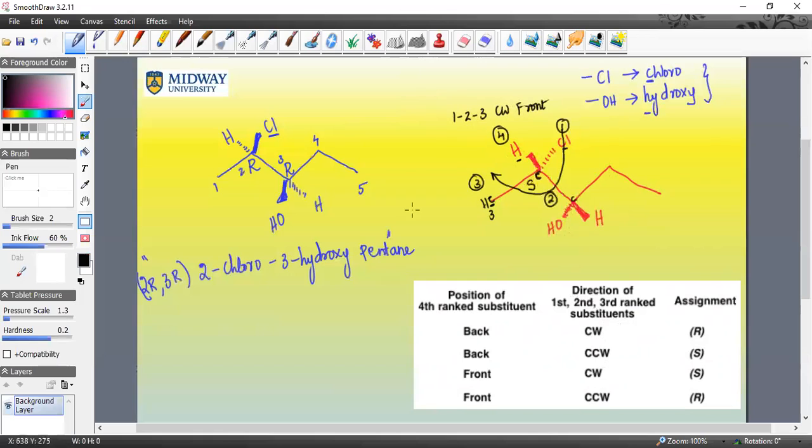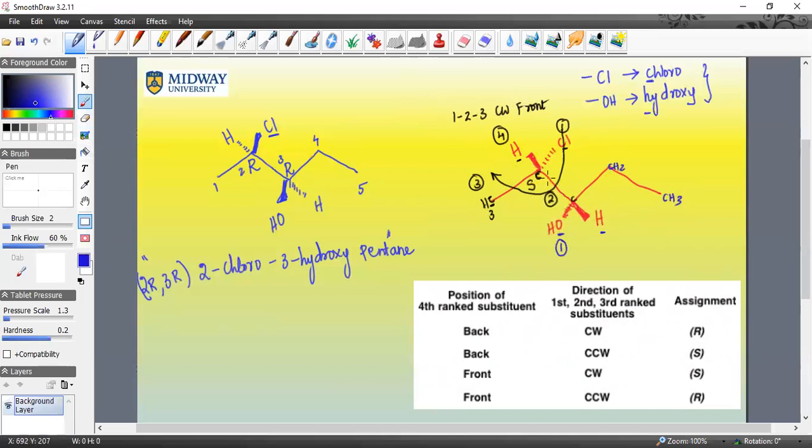Let's get another dark color, maybe a blue, because I want the contrast. So 1, 2, 3, 4. This carbon is attached to an oxygen, a hydrogen, then a CH2, and then a CH3 here. And this carbon is attached to carbon, hydrogen, Cl, a whole bunch of it. We first focus on what is immediately attached. Oxygen is higher in atomic number, so that gets 1.